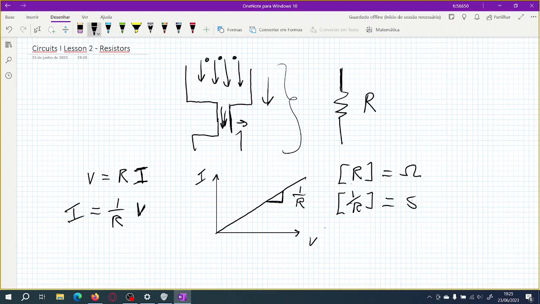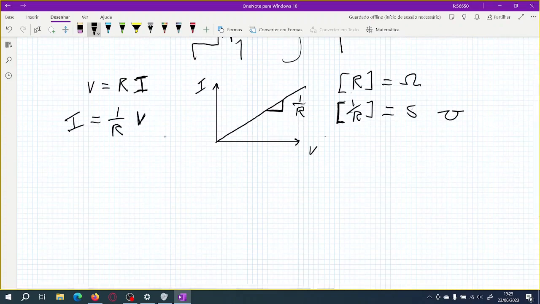There are some older books which represent the admittance, which is the inverse of the resistance, as an ohm flipped upside down. But the correct way to measure the inverse of the resistor is to use the Siemens, right? So with this, we can start to analyze our first circuit.